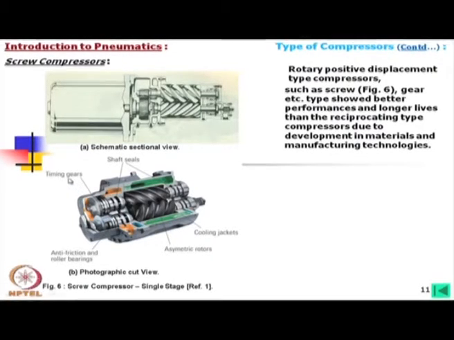And what we find is there is a timing gear, which is required for inlet and outlet control. The cooling jackets are there, and these are asymmetric rotors, with anti friction and rolling bearings used in between.